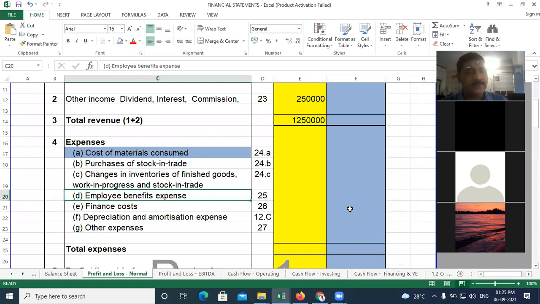Besides this, if your company gives bonus to them every year, that will be added in your employee benefit expenses. So employee benefit expenses are like wages, salaries, bonus, provident fund contribution, gratuity. Any amount of benefit the employee gets from the business will be taken as employee benefit expenses.